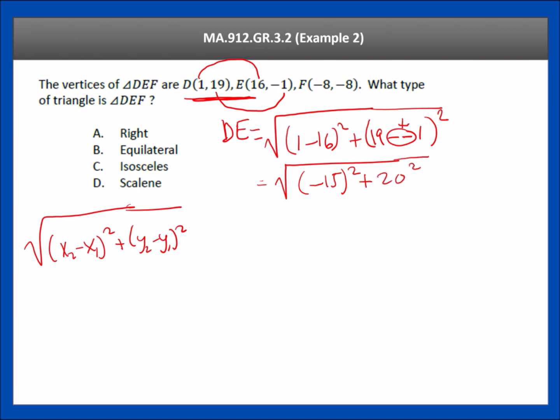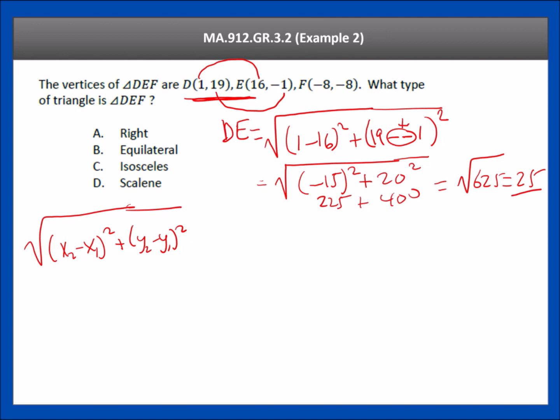Now let's figure out what that is. We know 15 times 15 is 225, and 20 times 20 is 400, so it's going to be 625. The square root of 625 is actually a nice number. It's 25. If I do 25 times 25, I'll double check that, but I'm pretty sure it's a perfect square, and it is.